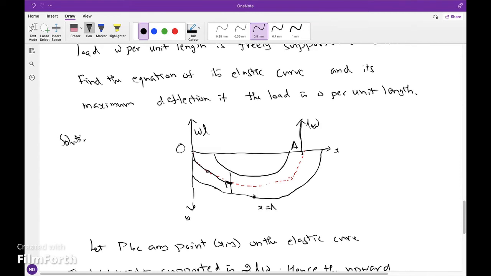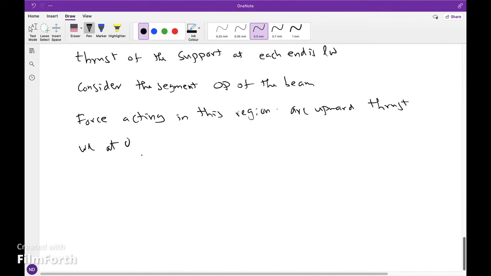So here the load omega x, and load omega x acting at the midpoint of OP.